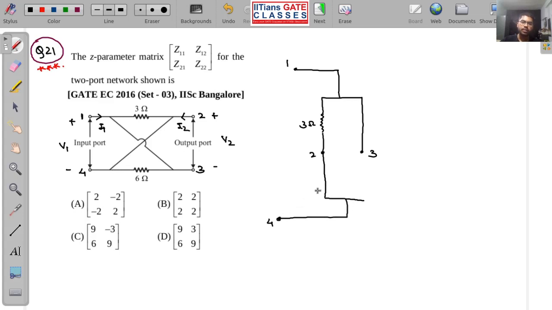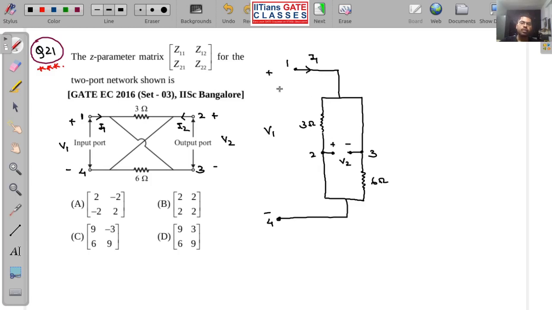In between 3 and 4 there is a 6 ohm. Now you can see your input port is between 1 and 4, with I1 and V1, and between 2 and 3 you have your output port, plus minus.